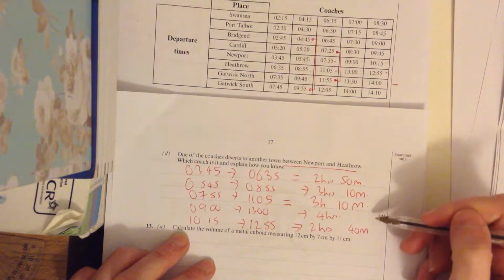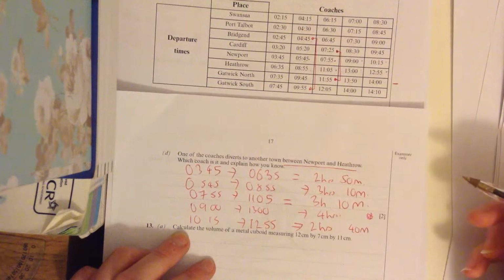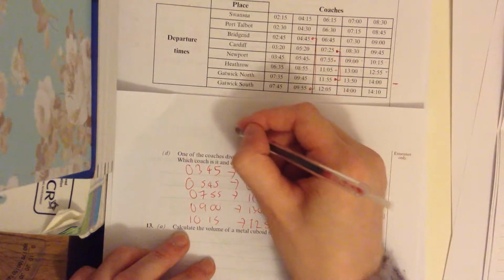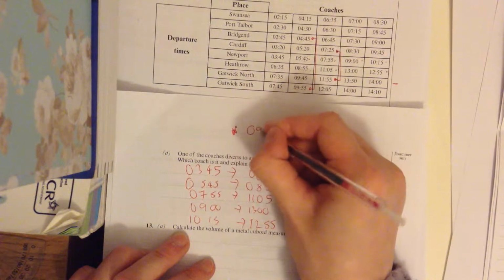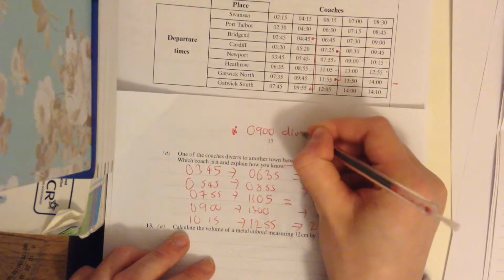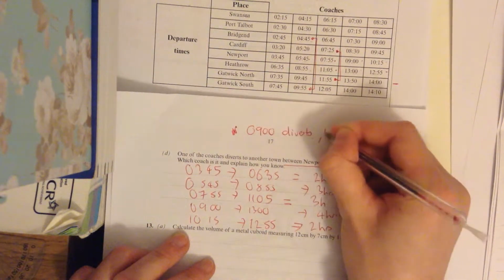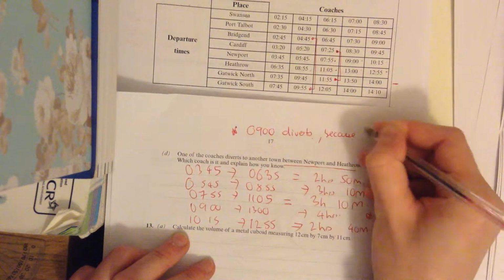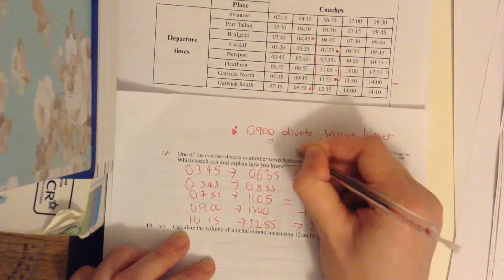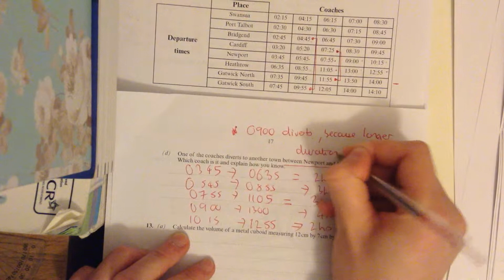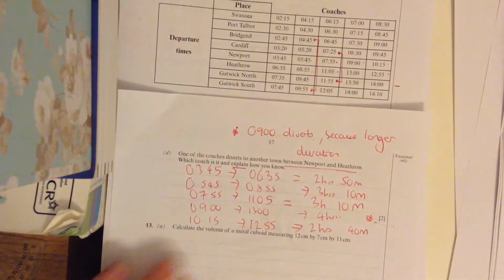So we look at these, and this is the one that stands out, the 4 hours. So that's why we know that it is the 0900 divert, because it is a longer duration. Make sure you explain why.